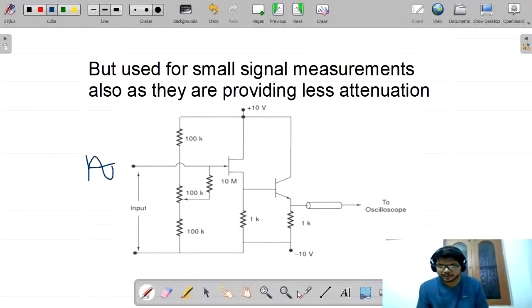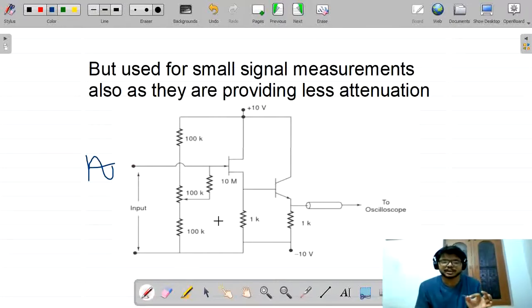Our sinusoidal input is directly given to the FET, but as there is no connection at this point, my sinusoidal input will face very little attenuation. It is the first point we need to notice. Listen carefully, the first point is my FET is connected directly to the input.